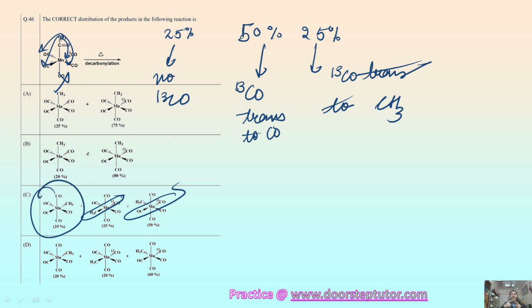So that's why we are getting the products in different ratios, 25%, 50% and 25%. This is the shorter way to solve the question of decarbonylation.